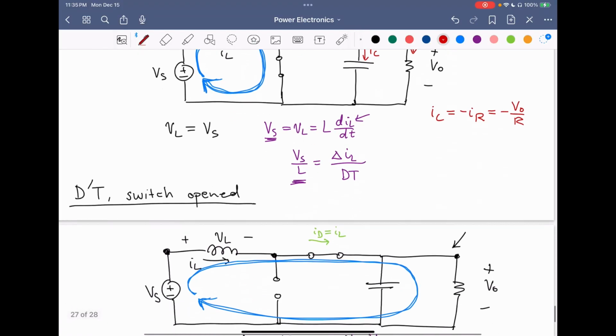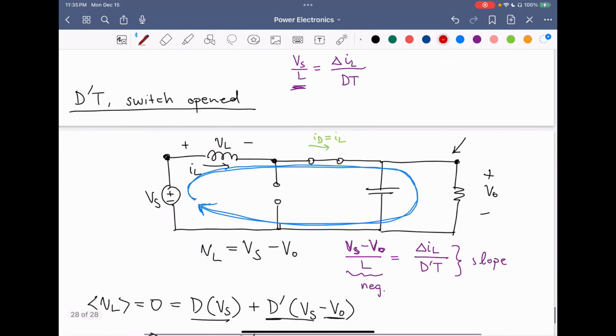What about the d prime t interval? In the d prime t interval, we have this as IC, and then IR. IR is still equal to V naught over R, just by a simple Ohm's law for the resistor.